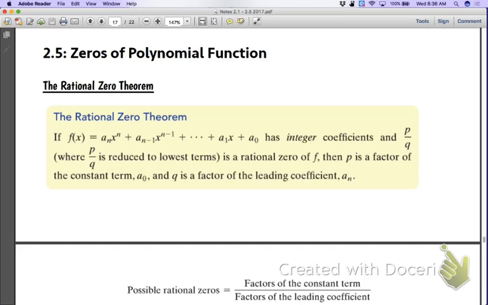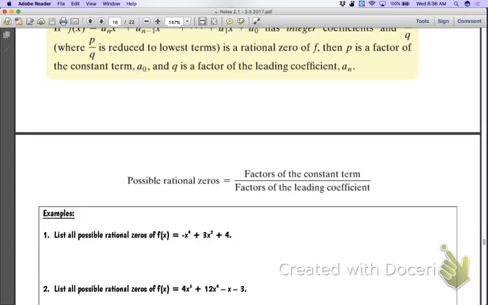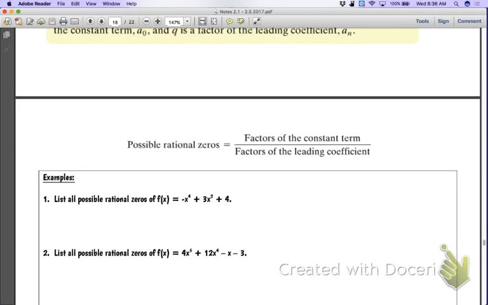Whenever we do this, basically we're going to take all the possible rational zeros. To find that, we need to find the factors of the constant term, and then we're going to divide by all the factors of the leading coefficient.